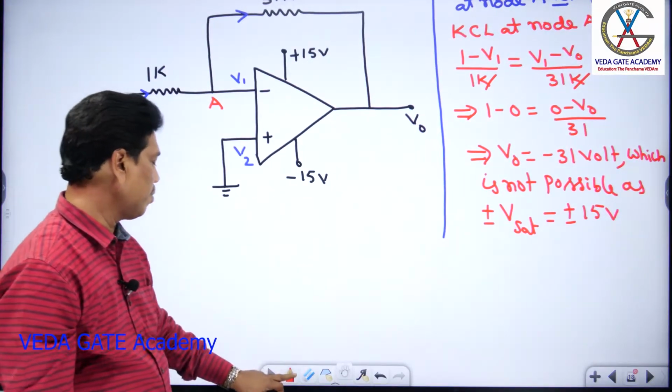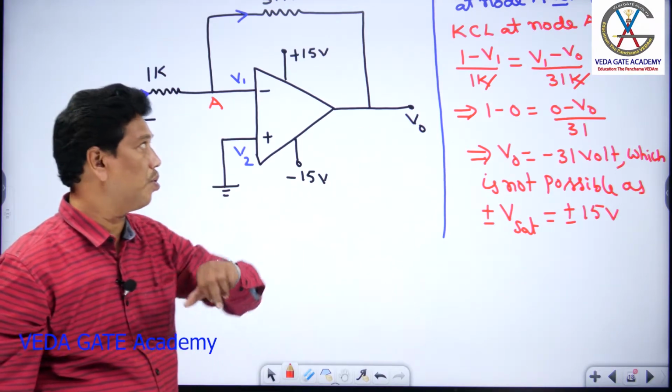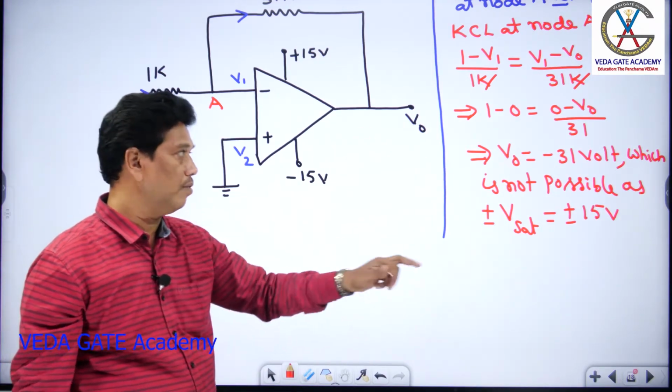Virtually I want the output to be minus 31 volt, but that is not possible.